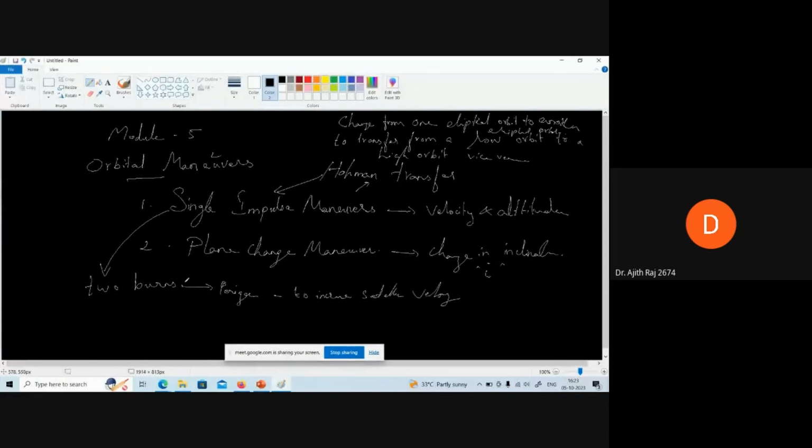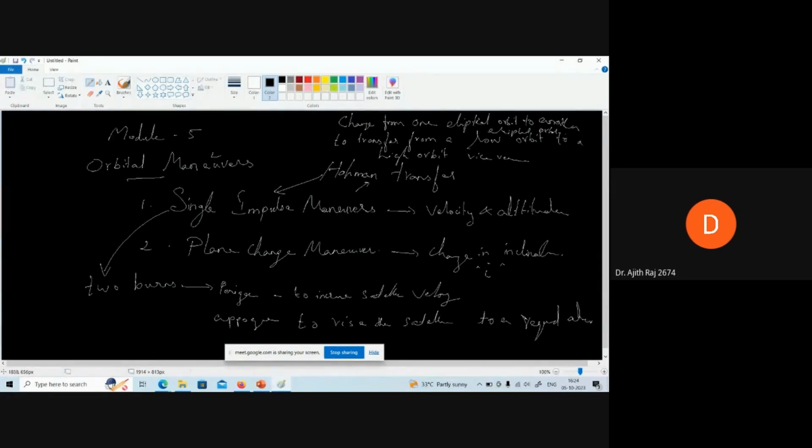You are using the propulsive burn at the perigee to increase the satellite velocity, and the other at the apogee to raise the satellite to a required or desired altitude.